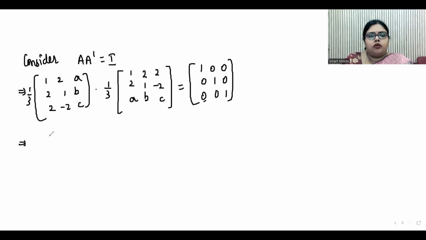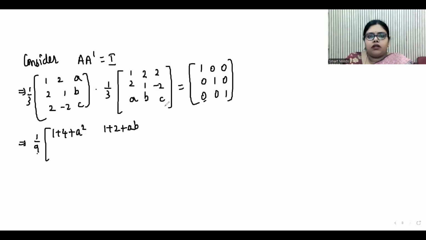Now we need to multiply them. So 1 by 3 into 1 by 3 is 1 by 9. So 1 by 9 into, let us multiply these two matrices now. First row with all three columns: first row with first column, 1 plus 4 plus A square. First row with second column, 2 plus 2 plus AB.